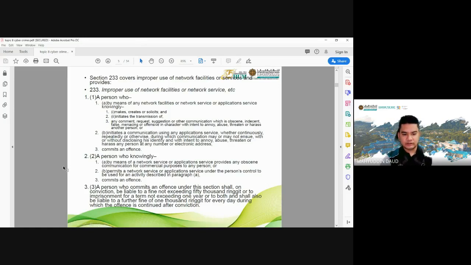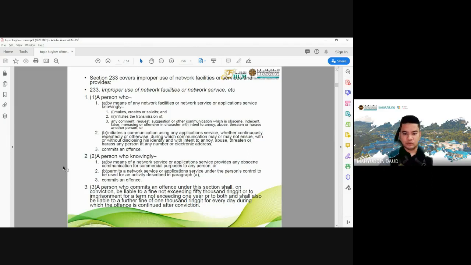that this is broad enough to cover situations like you make any comments on Facebook, and when you make that comment, that is basically initiating a communication.